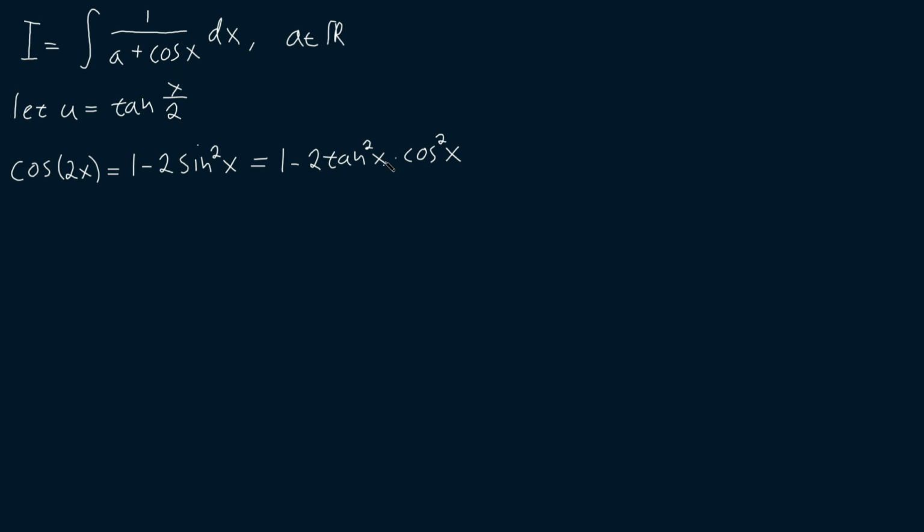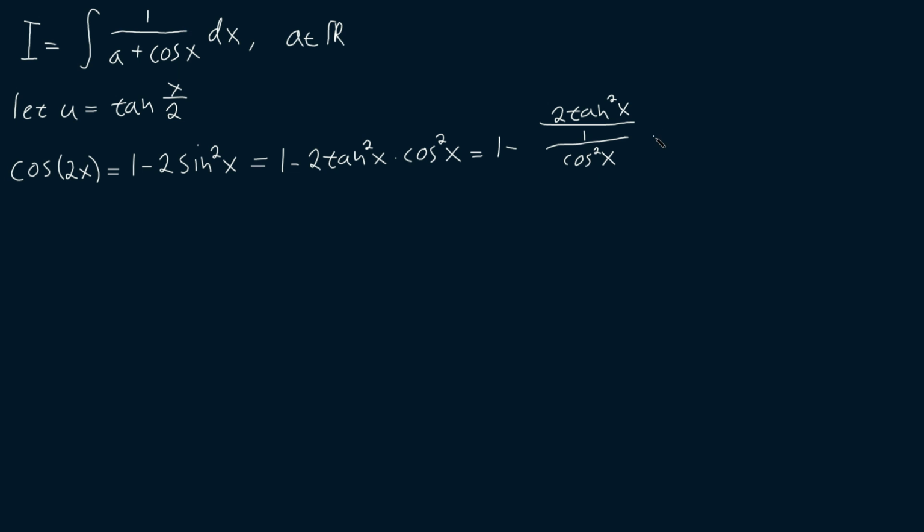Then this is equal to 1 minus 2 times tangent squared of x over 1 over cosine squared of x, since multiplying by cosine squared of x is the same as dividing by its reciprocal 1 over cosine squared of x.